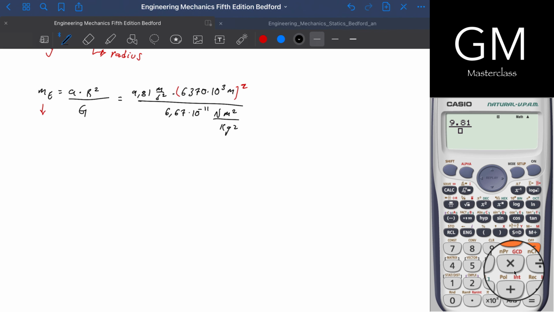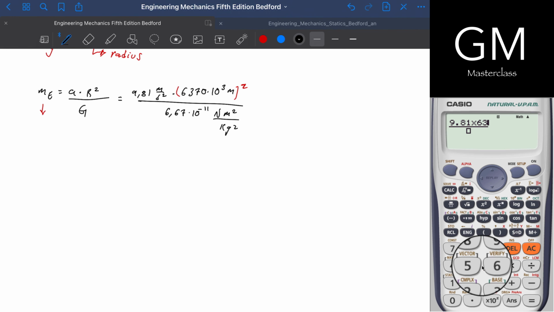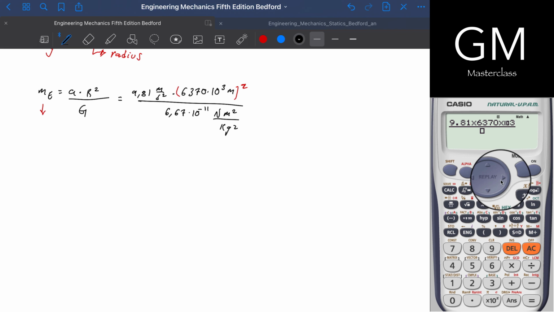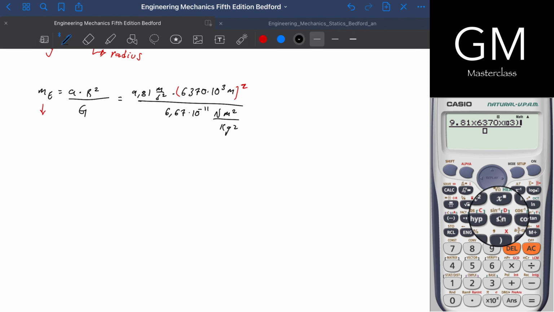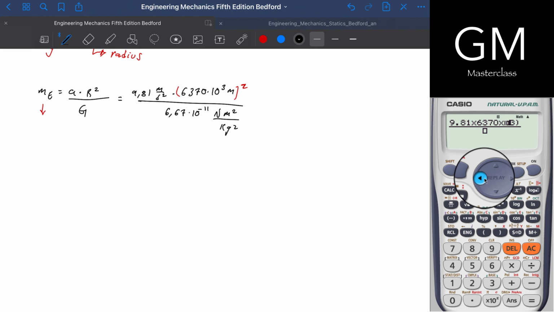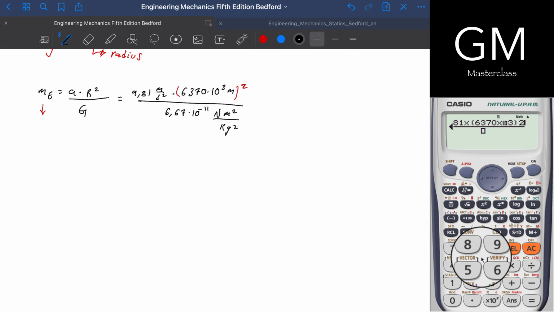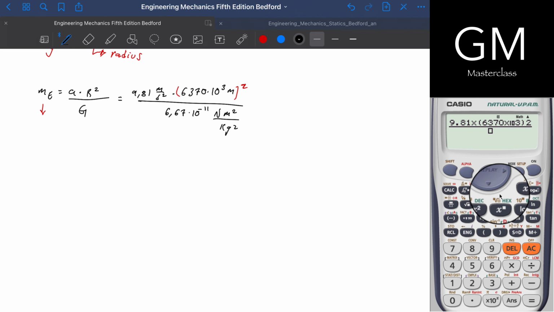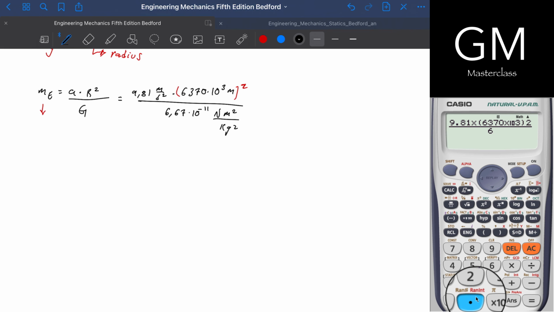9.81 times 6,370 times 10 to the third power, and this is actually to the second power. And here I have 6.67 times 10 to the minus 11.